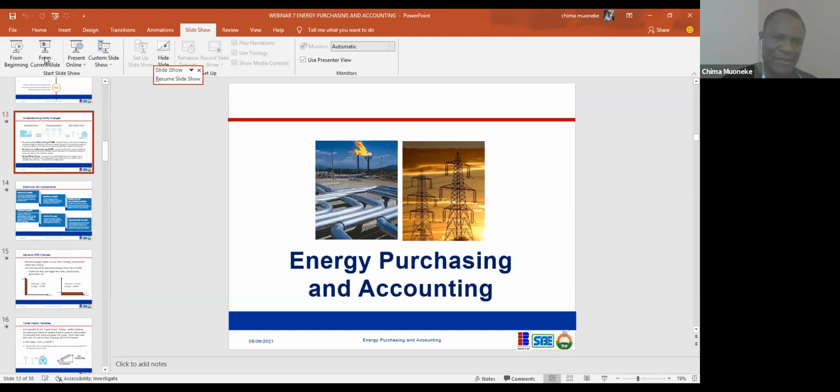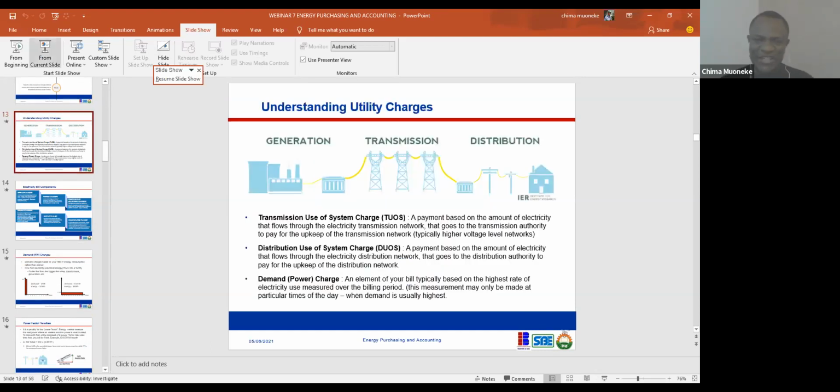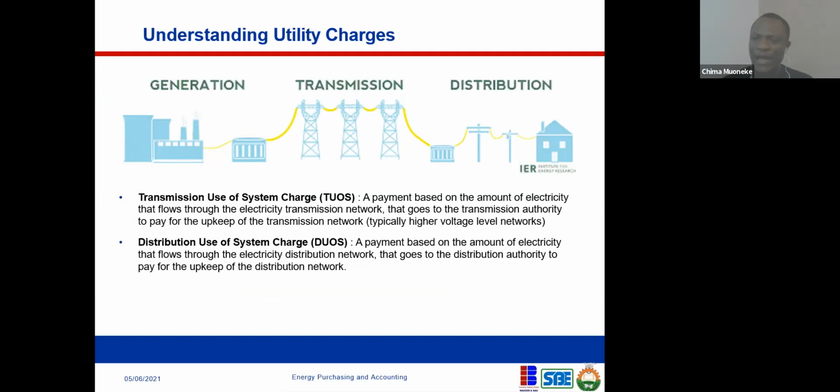So let's continue. I was trying to explain the distribution use of system. Assuming that you're a smaller Dangote and you want to go through the distribution companies to get your own supply, then you have to pay transmission use of system as well as distribution use of system. This is not very well applicable in Nigeria, even though there was a regulation that allows you to do that. If you have an estate in Lagos and you don't want to buy from Eko, you can negotiate with one of the generation companies, maybe Geregu or Afam.